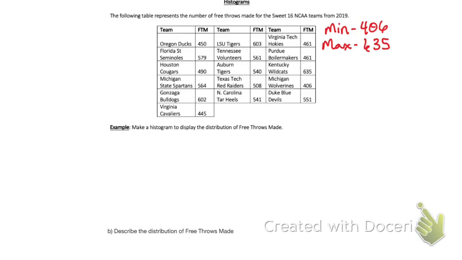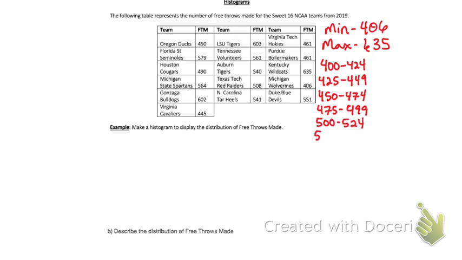I like it. So we're going to have these categories: 400 to 424, 425 to 449, 450 to 474, 475 to 499, 500 to 524, 525 to 549, 550 to 574.